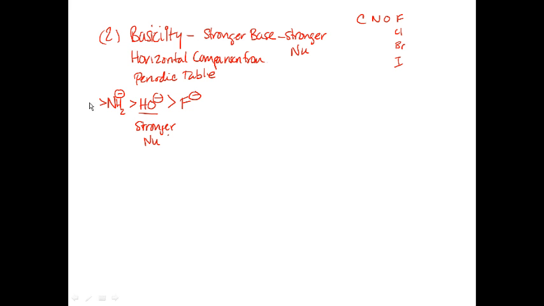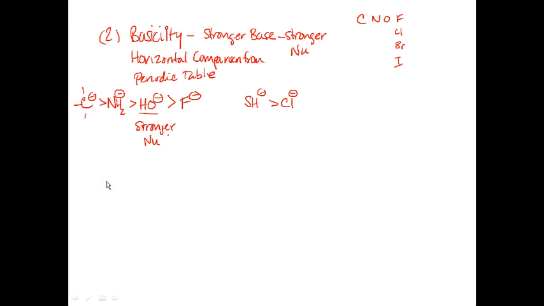And the strongest nucleophiles that we can get are carbons that have negative charges on them. Okay, so this is sort of a horizontal relationship that we have. If I had a second row, I could say that S was a stronger nucleophile than chloride because of the horizontal relationship. So when you're comparing two things that are horizontal on the periodic table, basicity is what dictates which one is the stronger nucleophile.